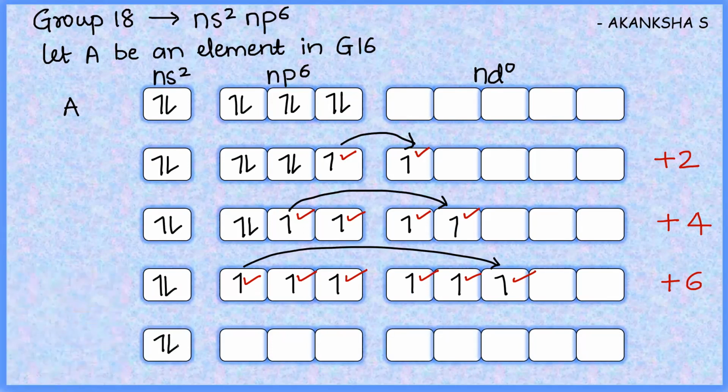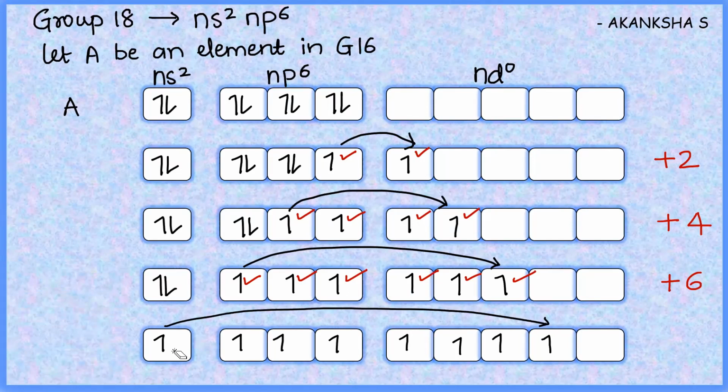We have another paired electron that needs to be unpaired. So how many unpaired? 1, 2, 3, 4, 5, 6, 7, 8. Okay. So our group 18 will have common oxidation states as +2, +4, +6, and +8.